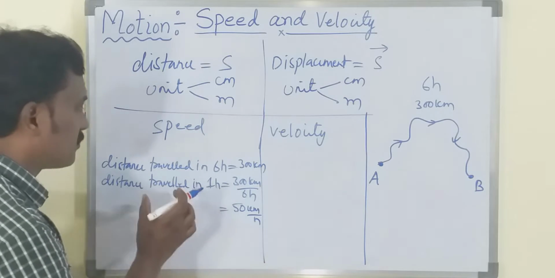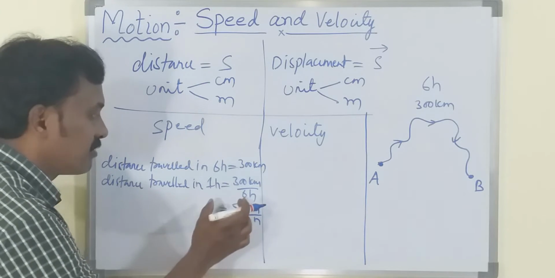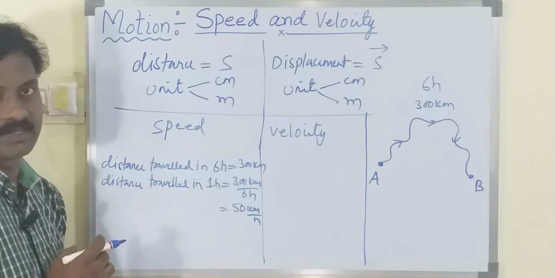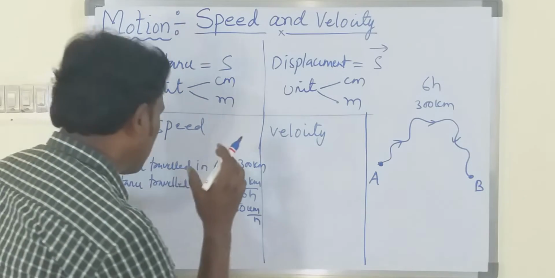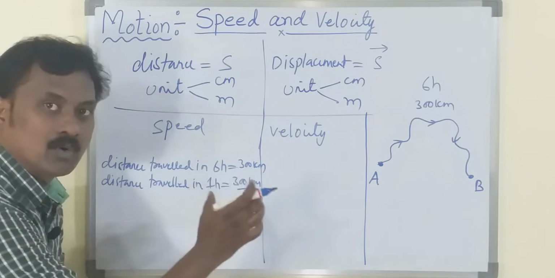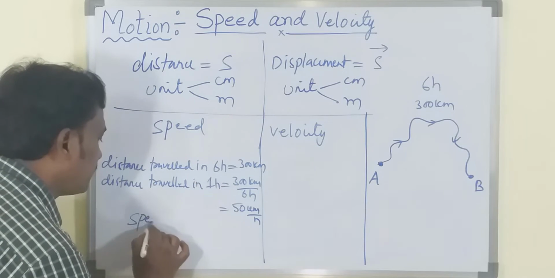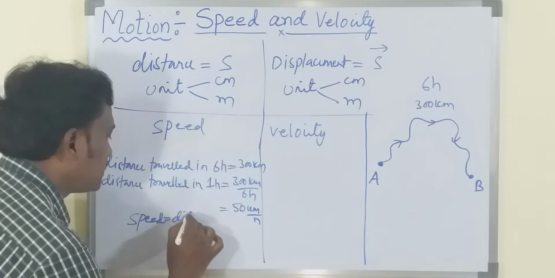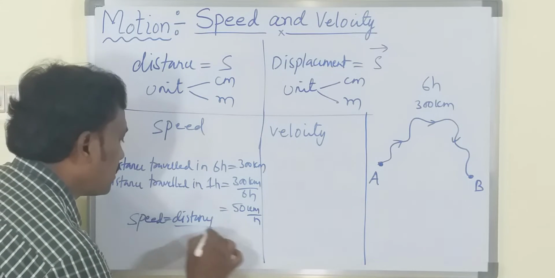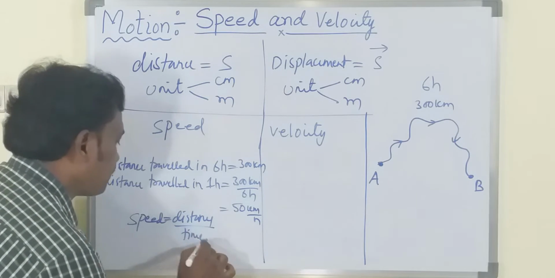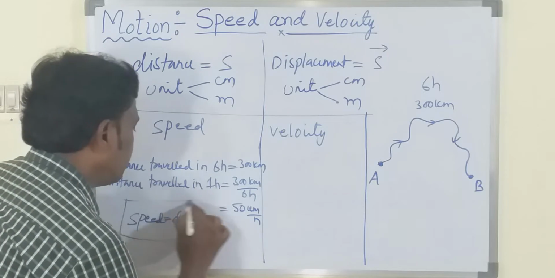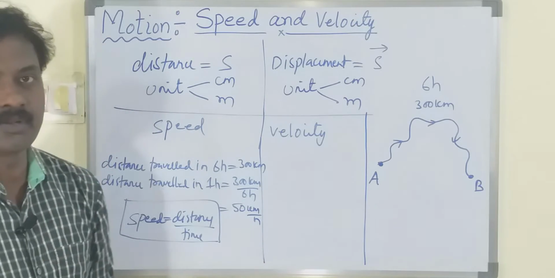That is, for 1 hour the body is traveling a distance of 50 kilometers. Okay. Now, distance that is traveled in 1 hour is what we consider as speed. So, speed is defined as distance covered per unit time.